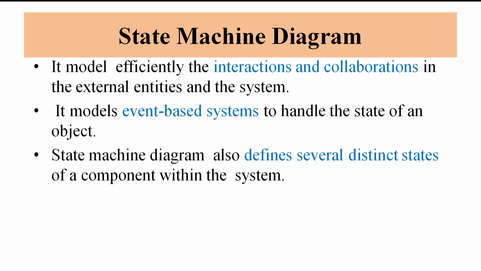Now, let us take a few more examples, such as online shopping. First, as a participating object, we select certain items, we search for a certain item, we find the list, and we choose the item. If the item is within our budget, we select that particular item, and then we go for the processing. Once the processing is done, sometimes you choose the option of cash on delivery, sometimes the option of online payment.